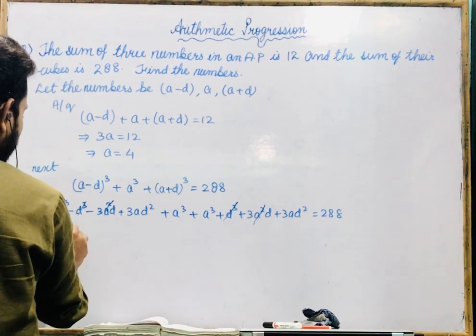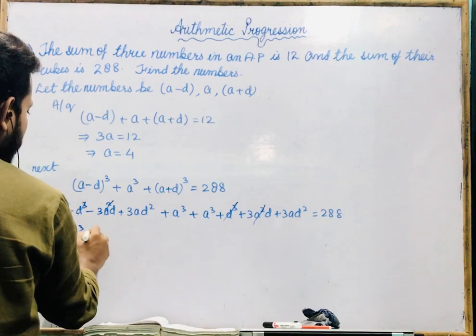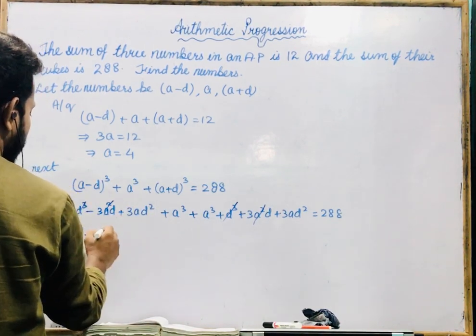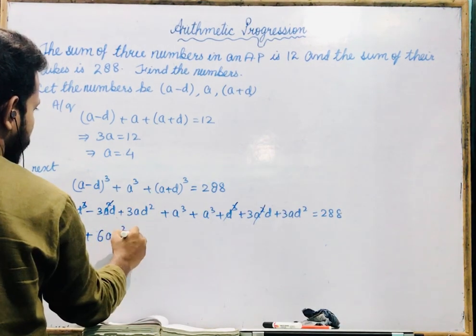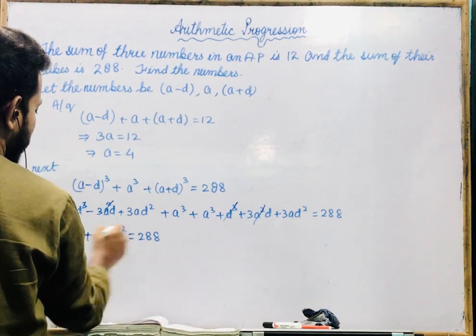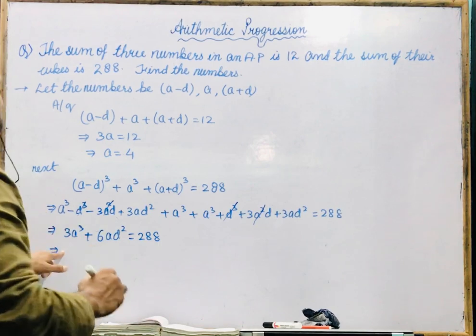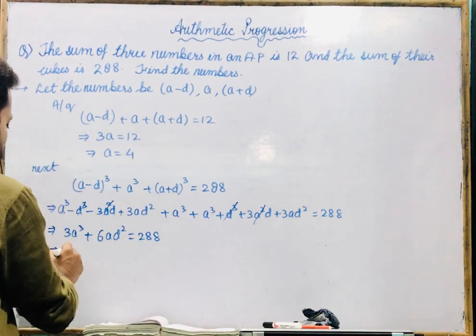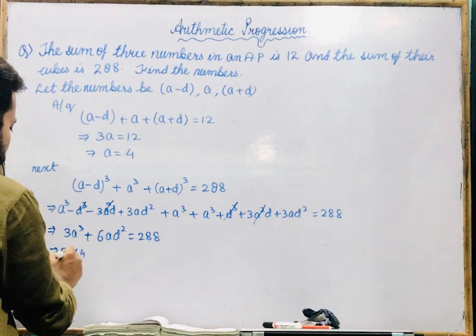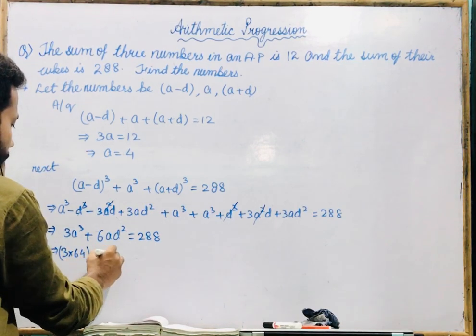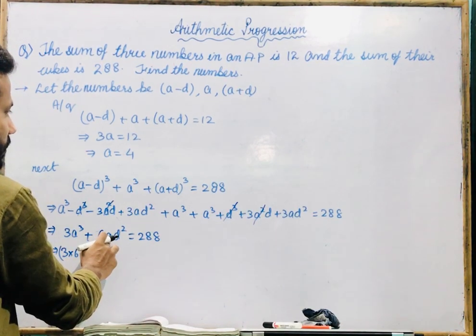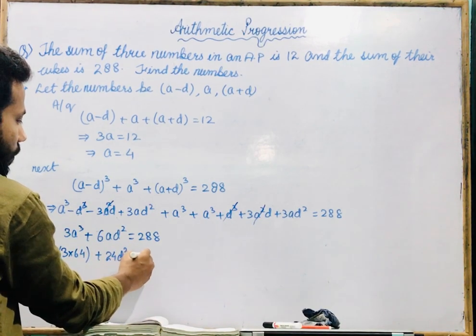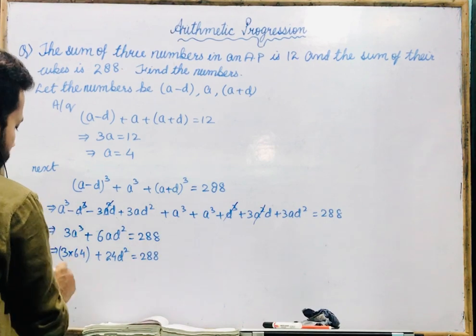Is it clear? It is 3a cube plus 3 plus 3, 6ad square equals 288. What is 3a cube? 4 fours are 16, 16 fours are 64. 3 into 64 plus 6 into a. What is 6 into 4? 24d square equals 288.